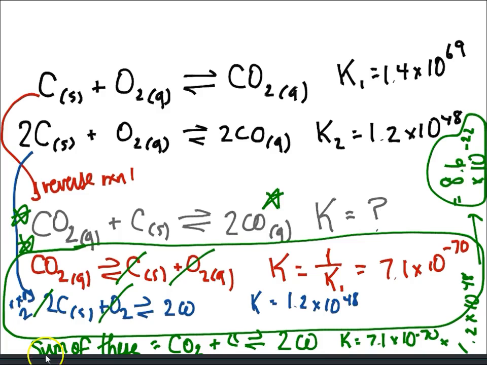So that means that our new K is the product of these two Ks. We're going to multiply 7.1 times 10 to the minus 70 times 1.2 times 10 to the 48, and that's shown here. 7.1 times 10 to the minus 70 times 1.2 times 10 to the positive 48 gives us 8.6 times 10 to the minus 22. And I circled that here. That's my final answer. It has 2 sig figs because both of these numbers have 2. And that's the final answer.